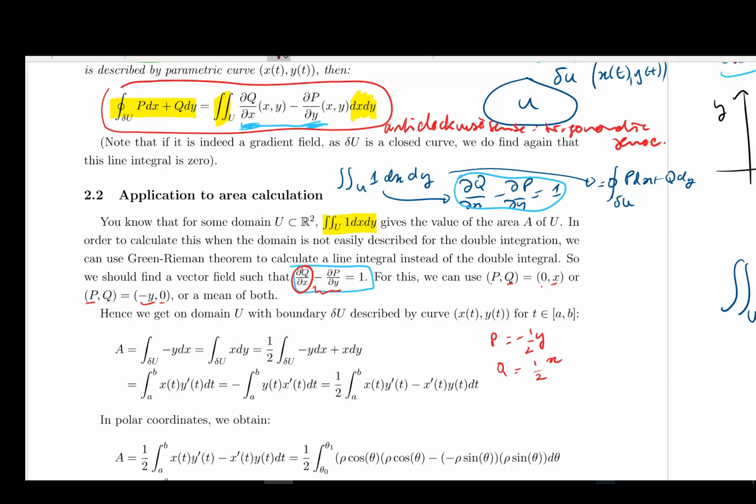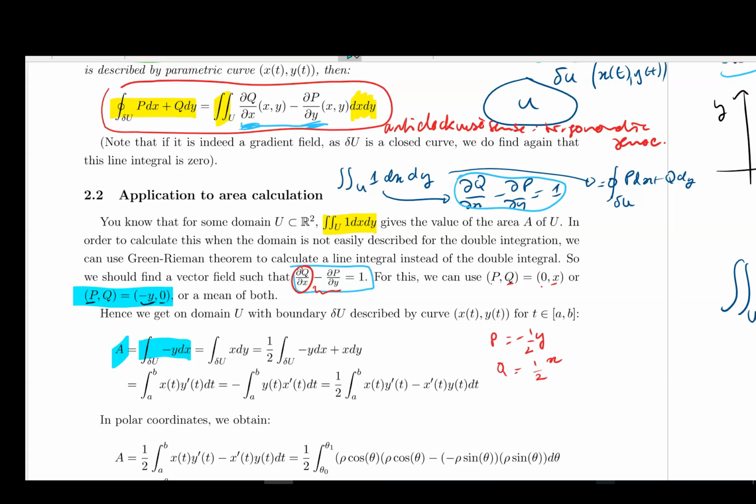And then what's happening? Just in here, we've written the calculations that we get. So this area is going to be given by the line integral. In the case where you chose P equal to negative y and Q equal to 0, this is P dx plus Q dy.